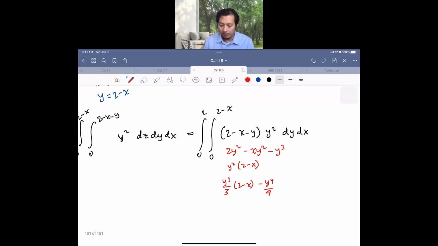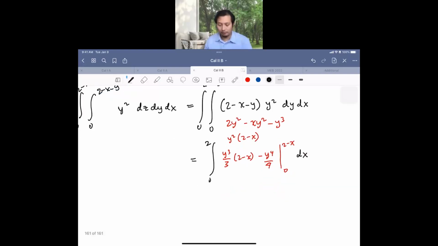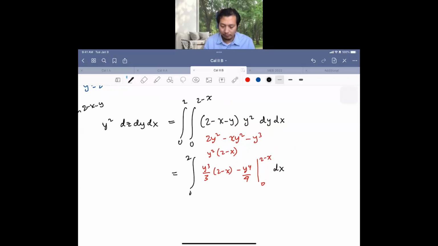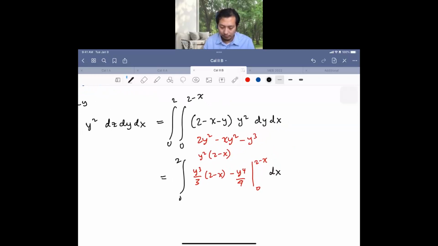So this will be from 0 to 2 minus x, still we have 0 to dx. And then later on, we could have... oh wait.